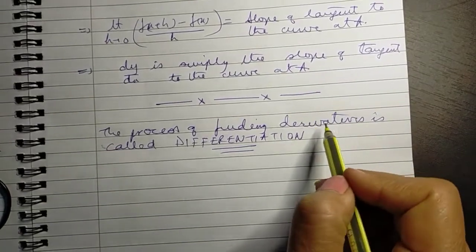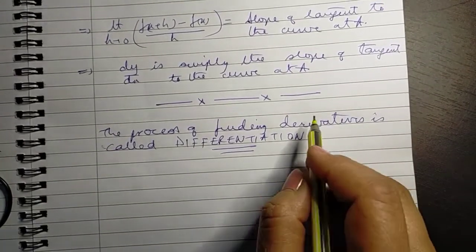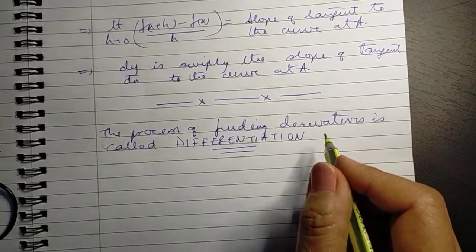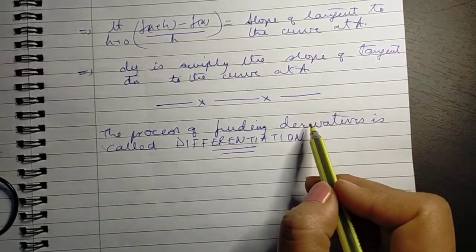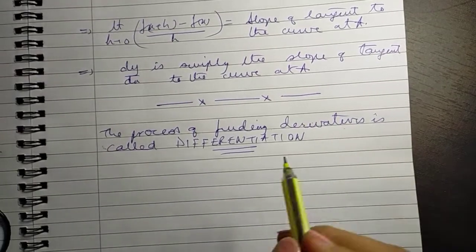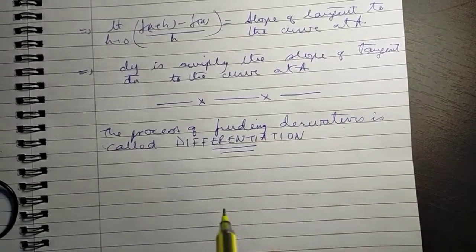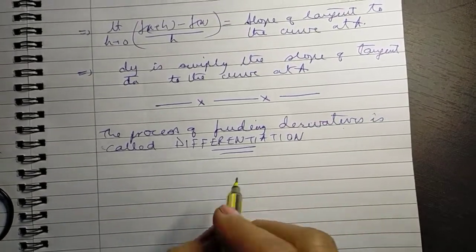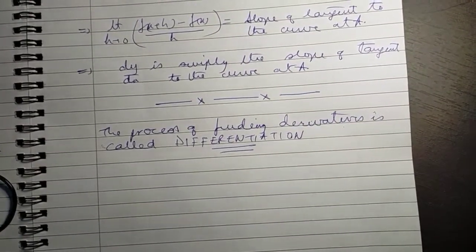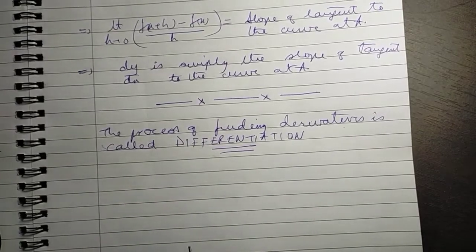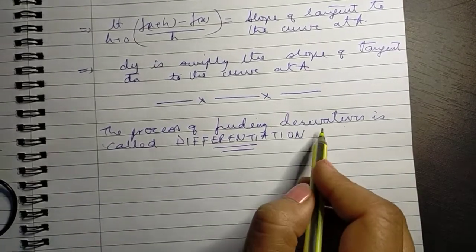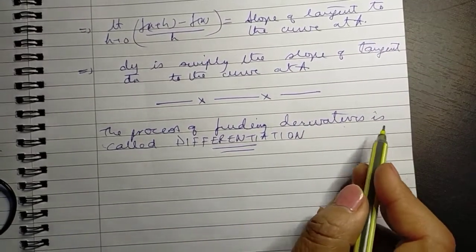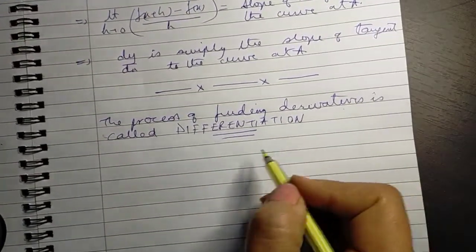Derivative is the actual thing which you are finding, it's the instantaneous rate of change of one variable with respect to the other, and differentiation is the process of finding the derivative. So the question may be asked as differentiate a particular function with respect to x, or they may ask you to find the derivative of y with respect to x where y is defined in such and such manner. Both are one and the same thing.